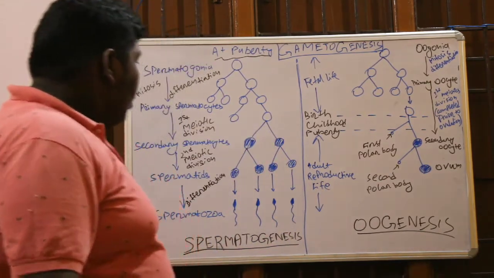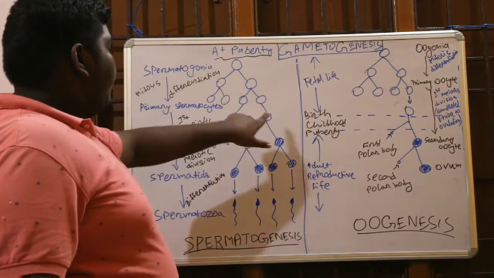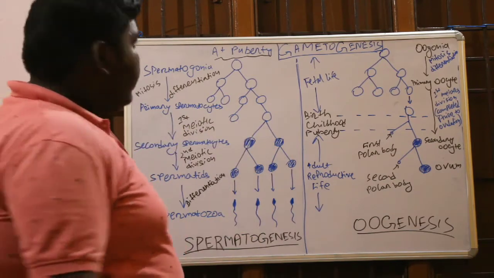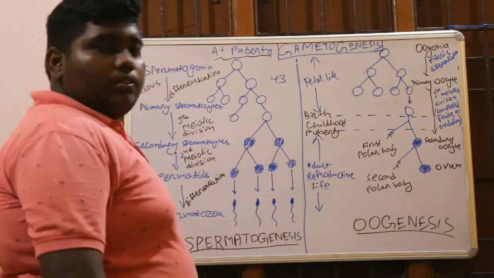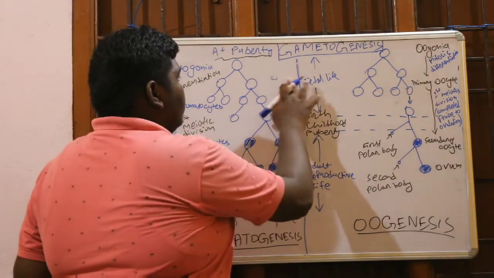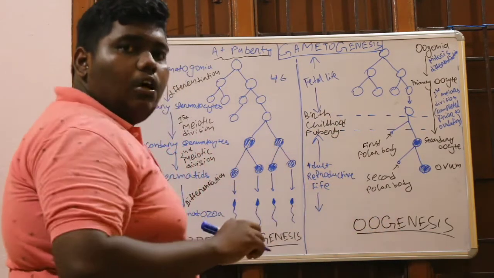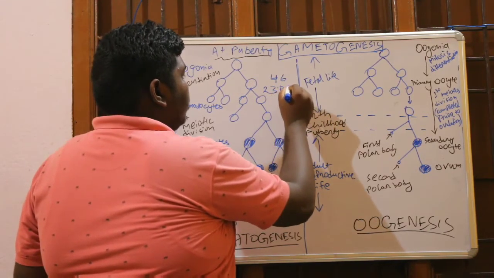Now, from the spermatogonia up to the primary spermatocytes, they are all diploid. That is, they have 46 chromosomes, or 23 pairs of chromosomes.